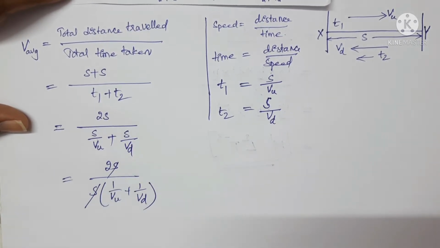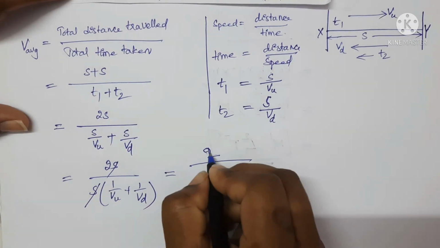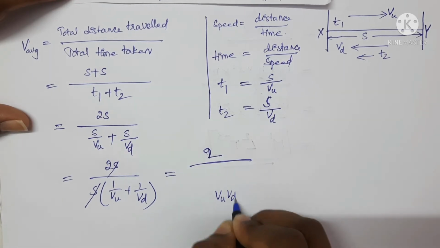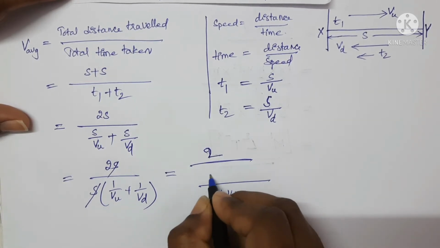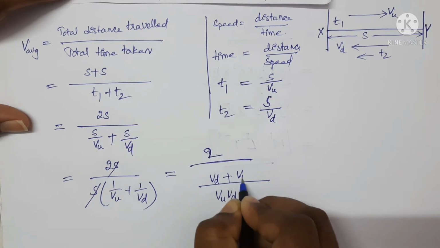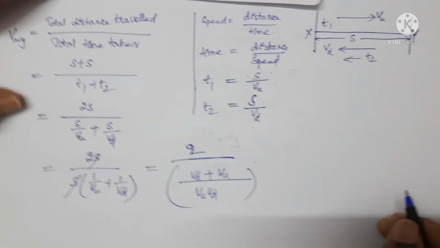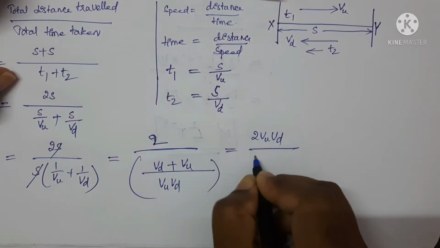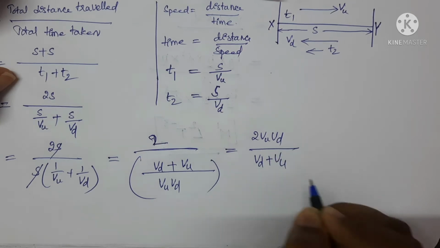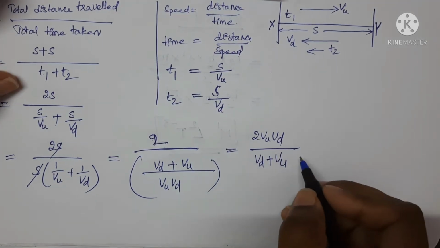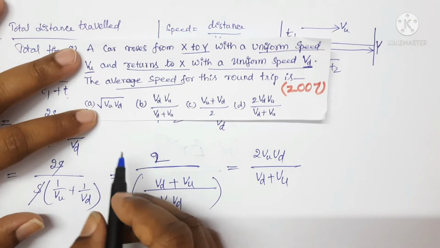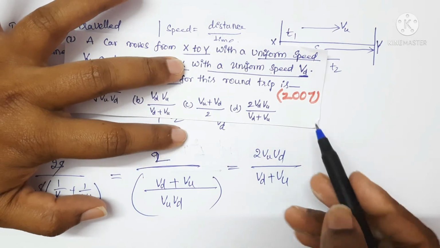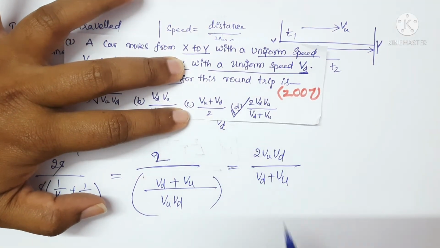So S and S will get cancelled, which is equal to 2 upon Vu Vd LCM, and here it is Vd plus Vu, which is equal to 2 Vu Vd upon Vd plus Vu. This is the average velocity we got. Let us see that 2 Vd Vu upon Vd plus Vu. This is the correct option.